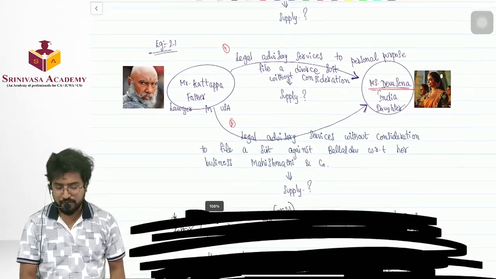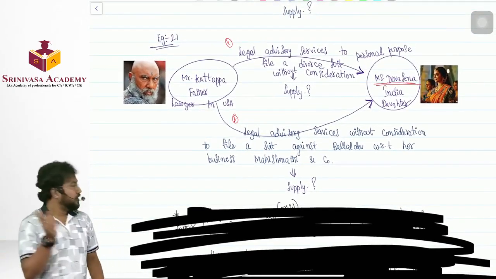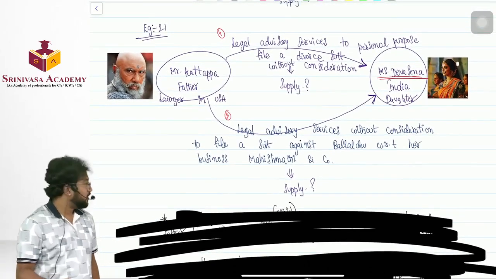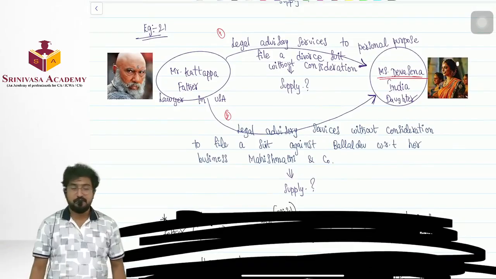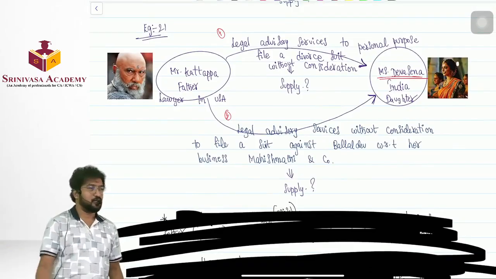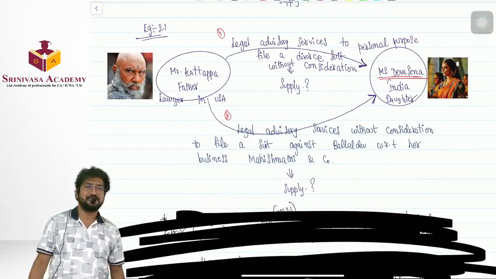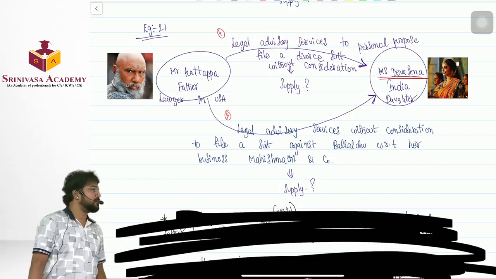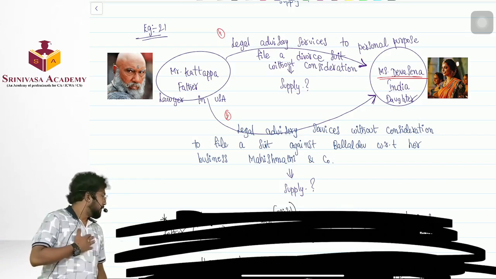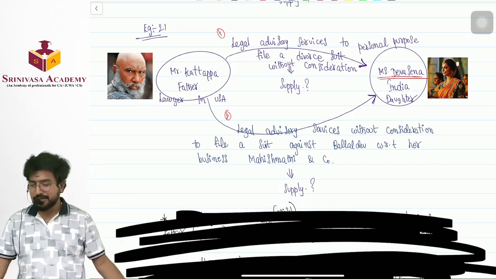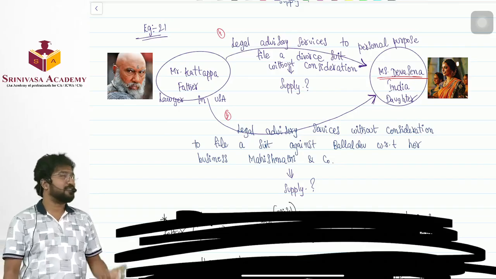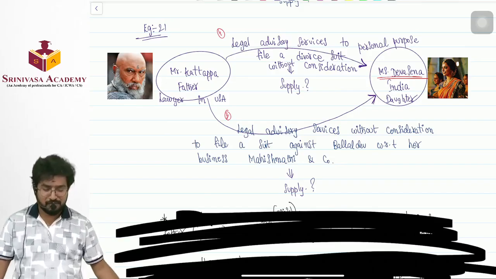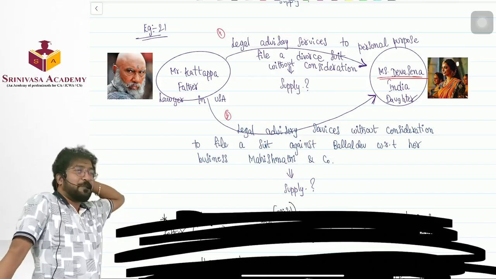The only change is that the supplier is Kattappa, father of Devasena, a lawyer in USA. Now tell me what is the answer.